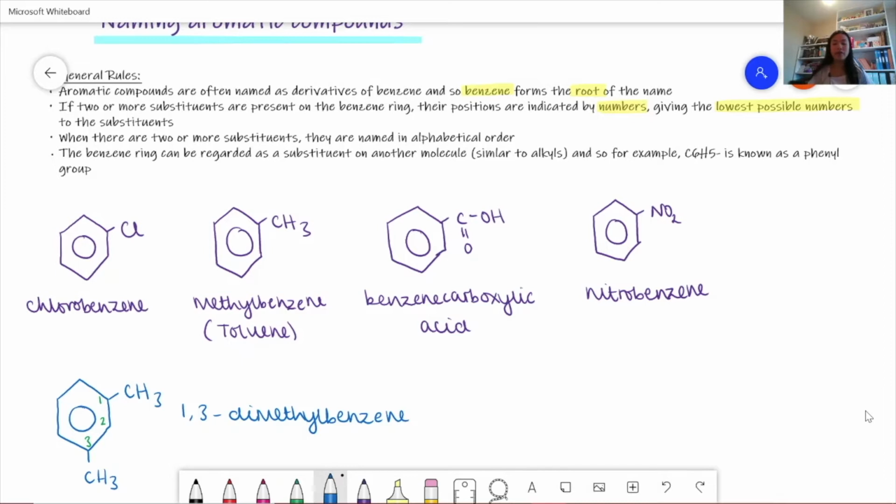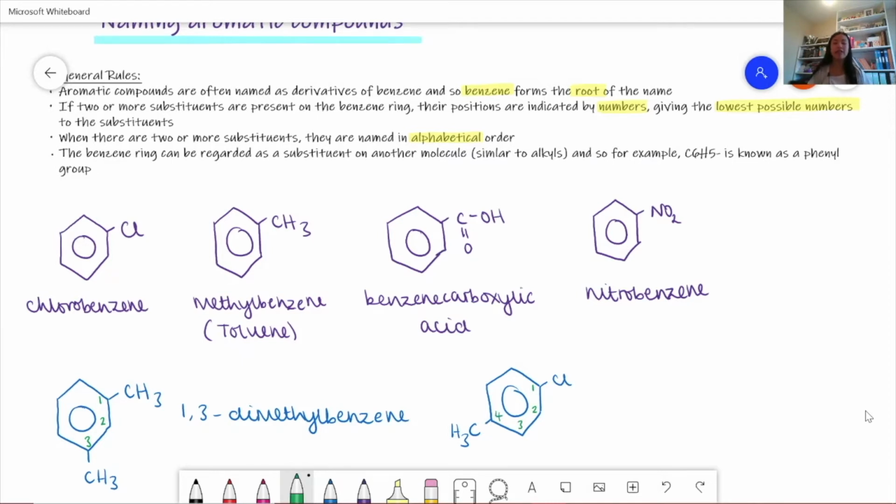When we have different substituent groups, you can have a benzene, and say we have a chlorine here and a methyl. Now we have to name them in alphabetical order. So this is our next rule. First we need to label the carbons so that these two substituents have the lowest numbers. We would naturally label one of them 1, and then go around 2, 3, 4.